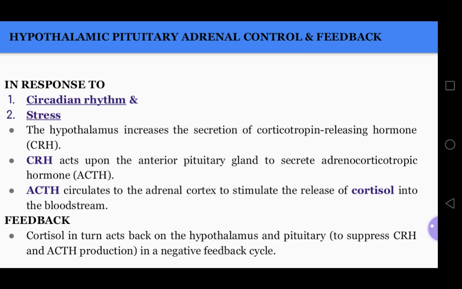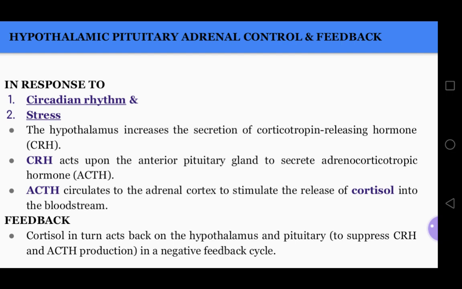Now the feedback is that this cortisol, which is released by the adrenal cortex, in turn acts back on the hypothalamus and pituitary to suppress further release of CRH and ACTH production in a negative feedback cycle.